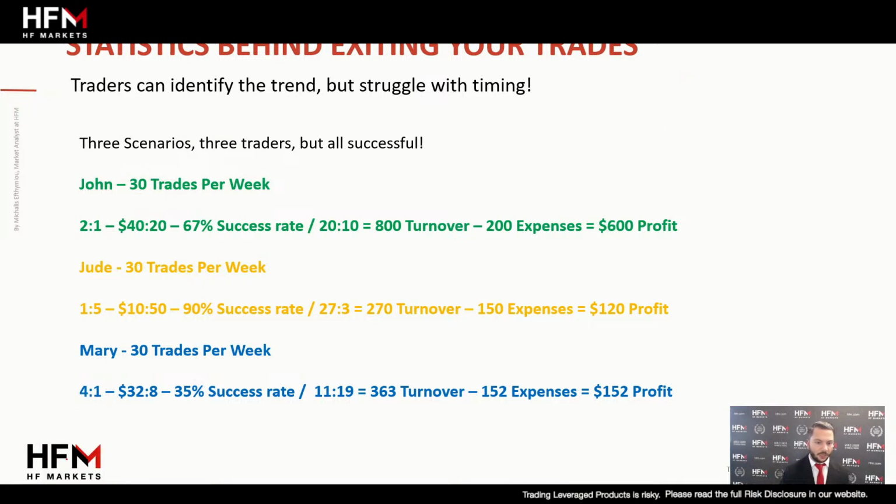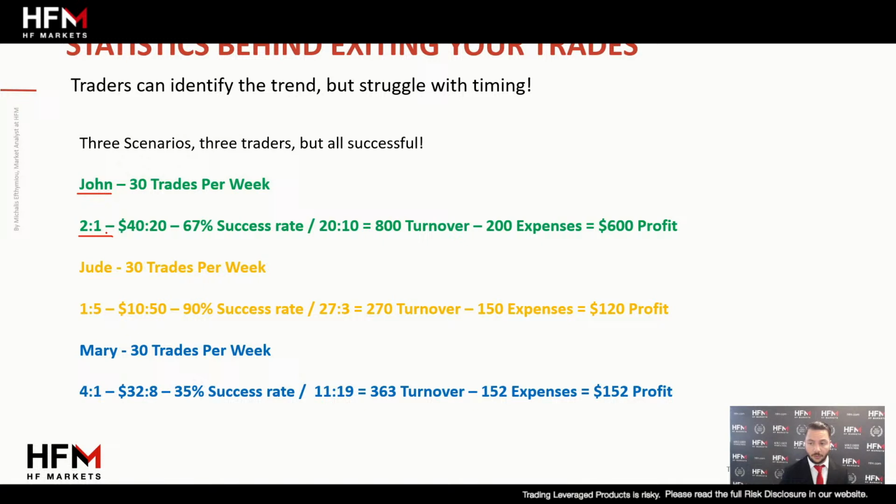Now let's look at our examples and you'll know exactly what I'm referring to. So the first trader is John. John opens 30 trades per week. He has the standard reward to risk ratio, the one everybody will find on Google and on YouTube, of 2 to 1. So per $1 he's risking per trade, he will look to earn $2.